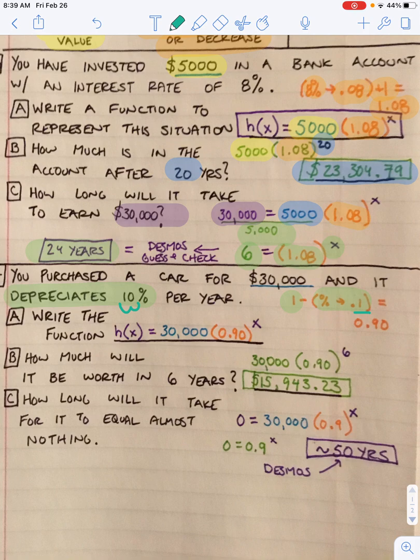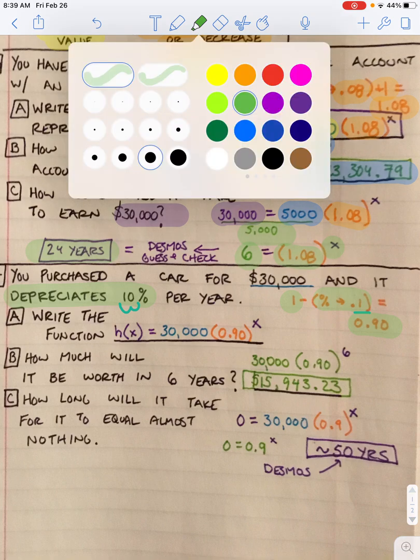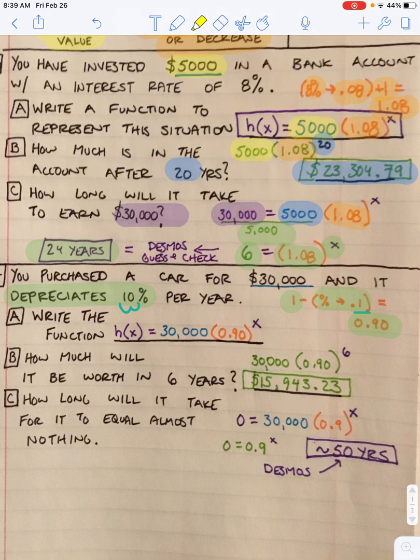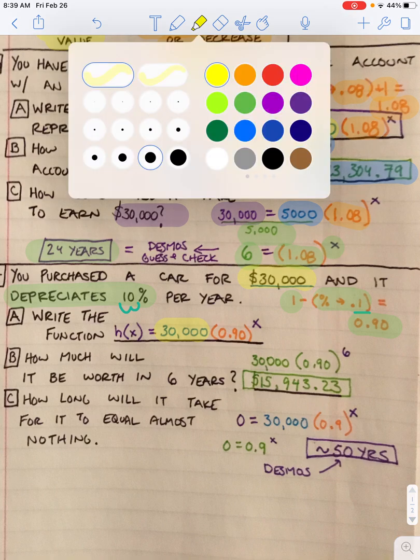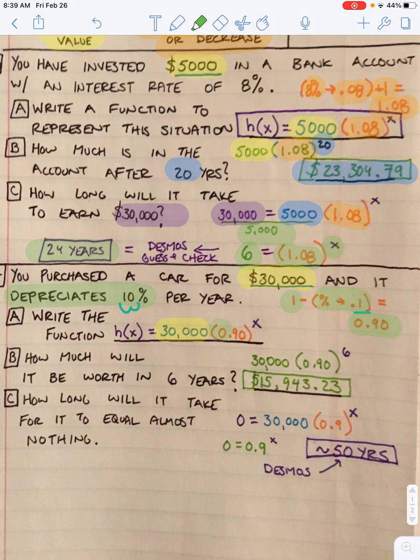So 1 minus 0.1 leaves us with 0.9 is our R value. So we need to go ahead and write our function. So we purchased it for $30,000. Purchase price of our car, $30,000. Depreciating, our rate we now have is 0.90 raised to the x.